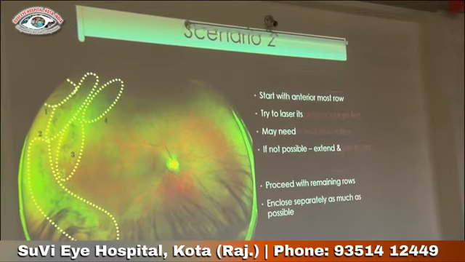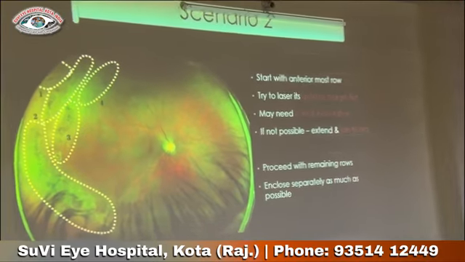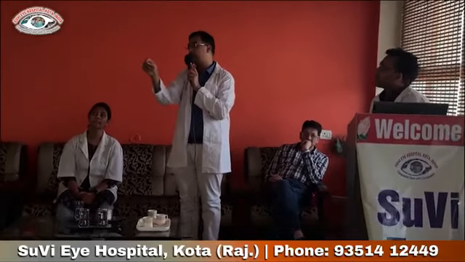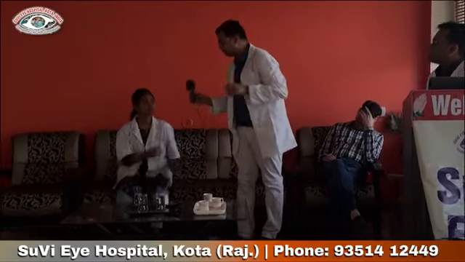Achha, one more important point. Suppose, Dr. Suvarna, at the edge of the lattice, the lattice is very anterior, and there is cobblestone degeneration, because cobblestone degeneration won't take up the laser. So how will we proceed further? Should we stop at the border where the cobblestone degeneration is, or can we go ahead with the laser?